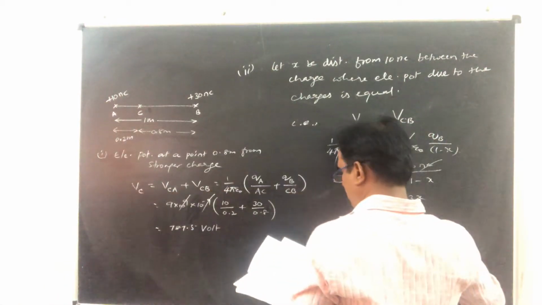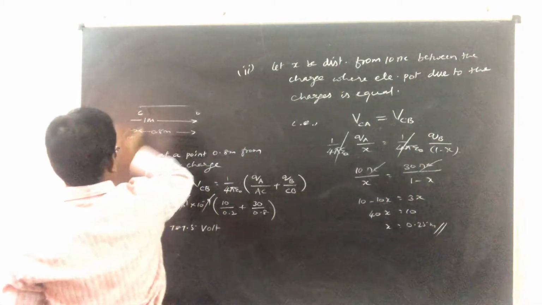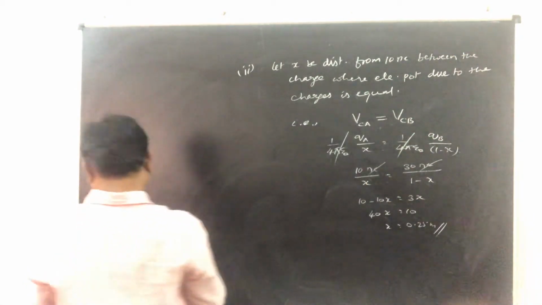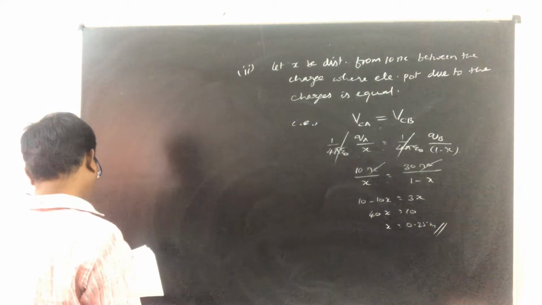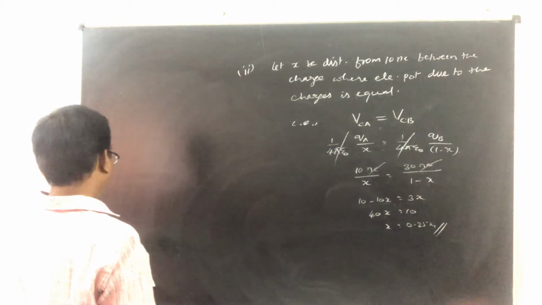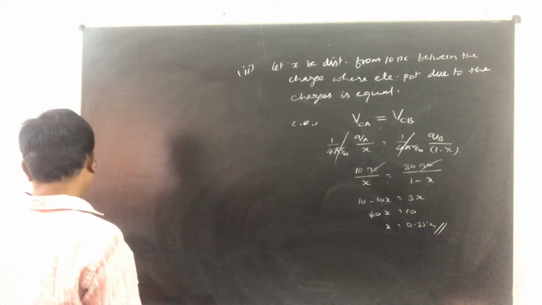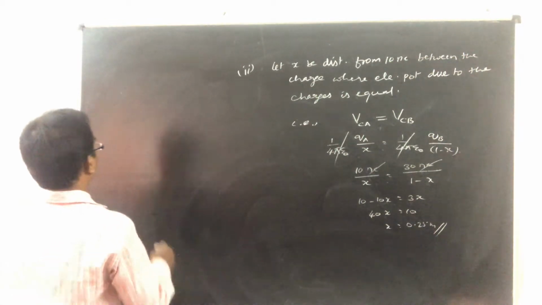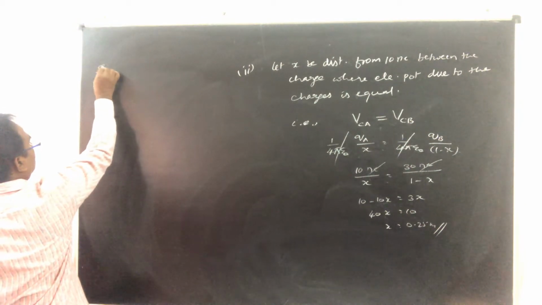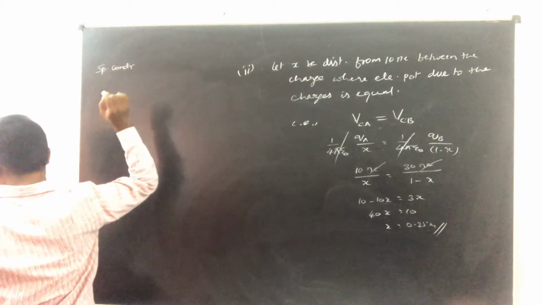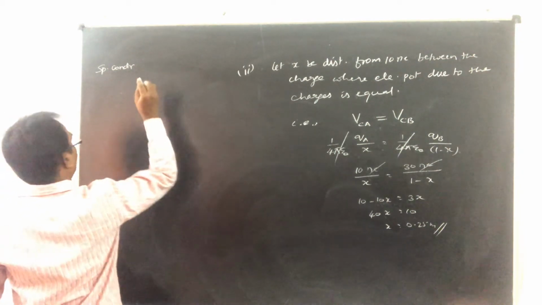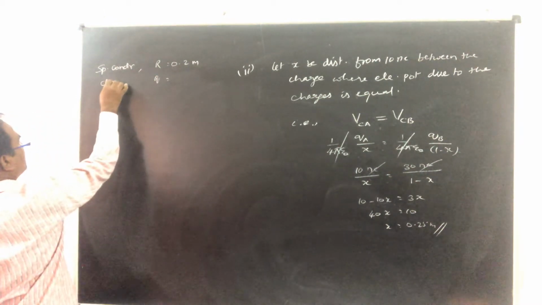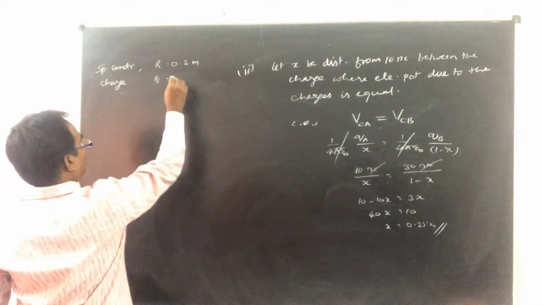Look at this problem which was asked in July 2007. There is a spherical conductor of radius 0.2 meter having charge 4 nanocoulomb.